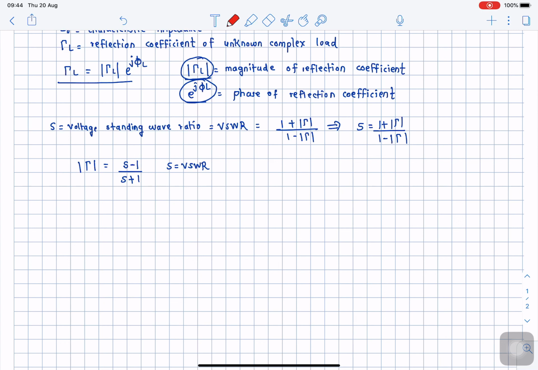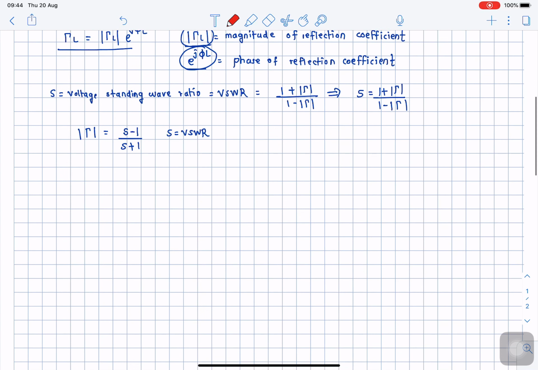Again, the phase of the complex reflection coefficient I will write over here. It is given as e raised to j phi l, where phi l is the actual phase.